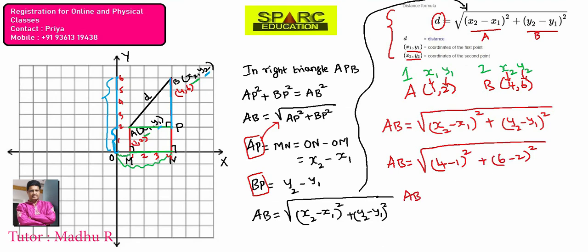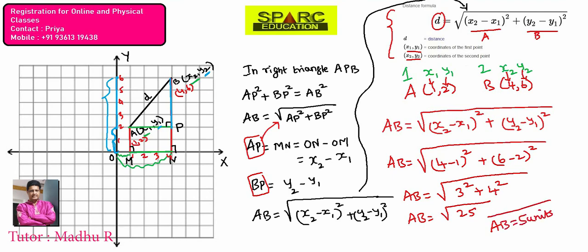So the distance AB will be the square root of 4 minus 1 is 3 squared plus 6 minus 2 is 4 squared. So the distance AB is the square root of 9 plus 16, which is 25. Always we take the positive value for the distance. So I take only the positive 5. So AB is equal to 5 units. So that means the distance from A to B is 5 units.